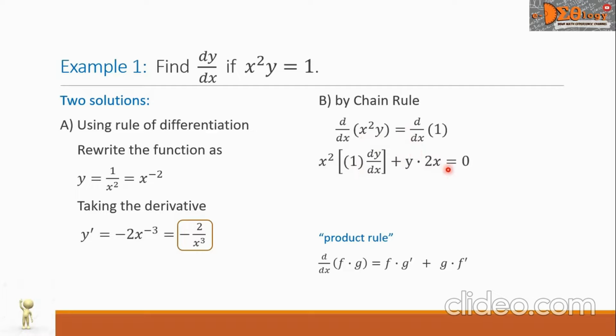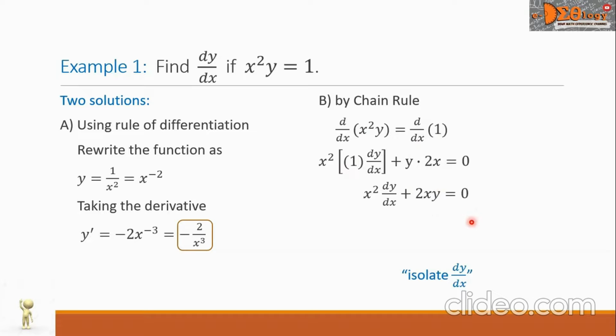And this is equal to the derivative of 1. This is a constant, so we write 0. Simplifying our left side, we have x squared times dy over dx plus 2xy equals 0.